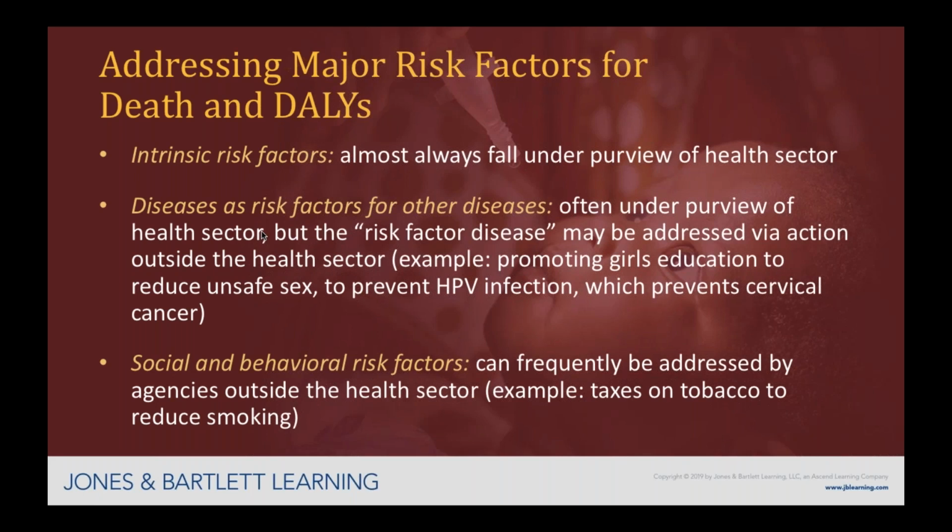For example, when we're thinking about ways in which cervical cancer can be reduced beyond the vaccine for HPV, we can see immediately that reducing the risk that a young woman might face of getting infected with HPV has a lot to do not only with messages from the health sector, but also with issues that can enhance the girl's education, enhance her economic opportunities, and enhance her empowerment and her ability to negotiate fewer partners and safer sex. The last category, I think we would all agree, and we've just seen as well, is that when we talk about social and behavioral risk factors, we should probably generally expect that intersectoral approaches will be really important.